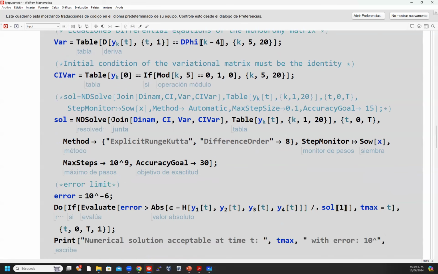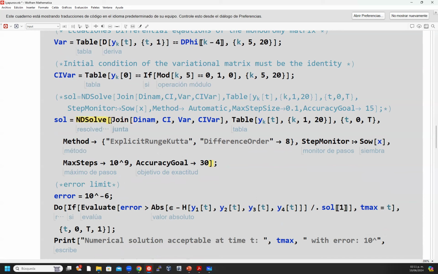And in Mathematica, it's possible to use NDSolve, one command used to get the numerical solutions of differential equations.